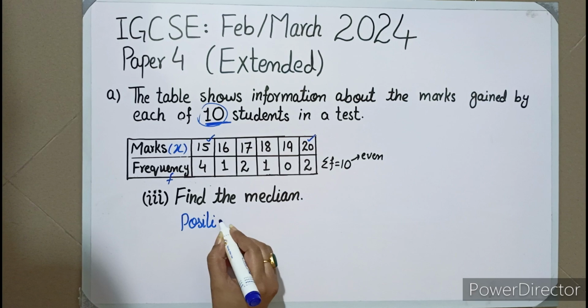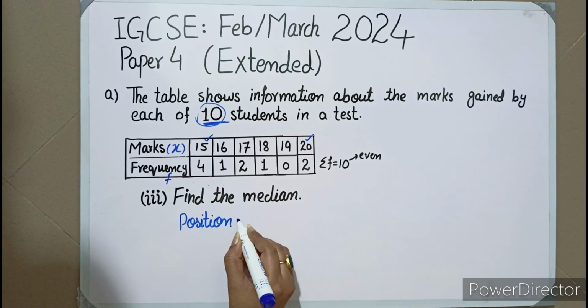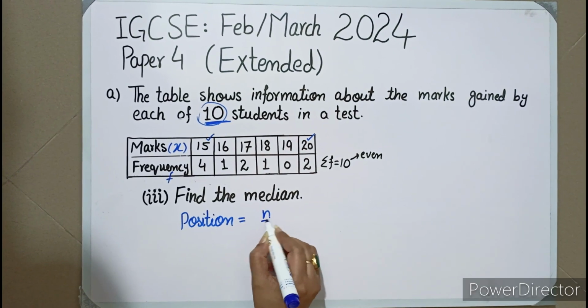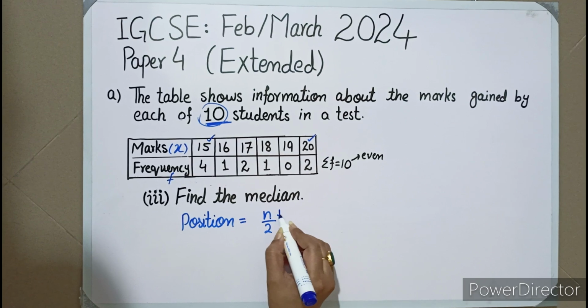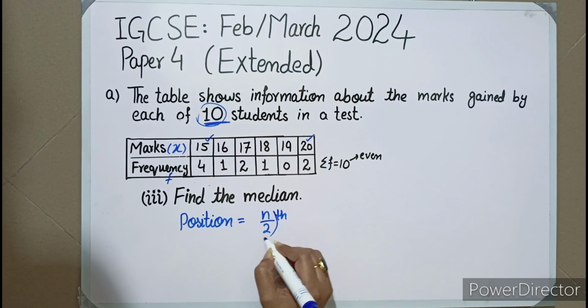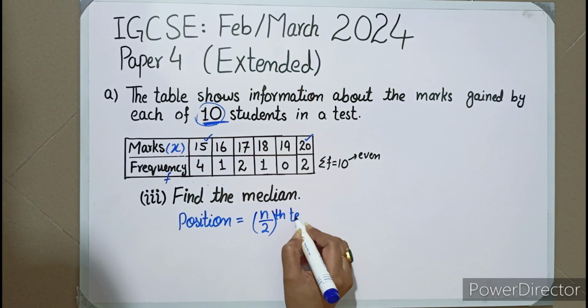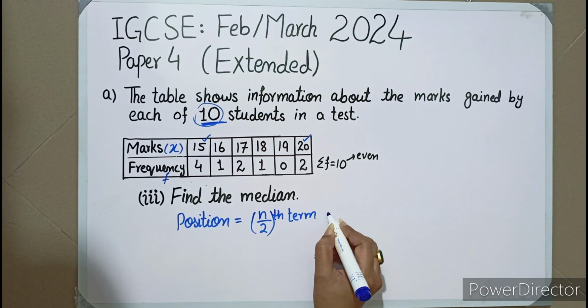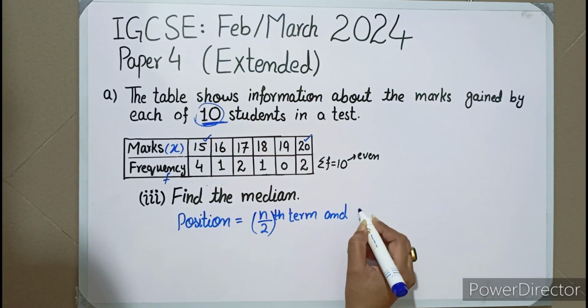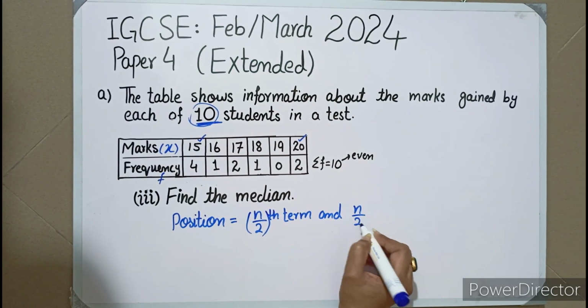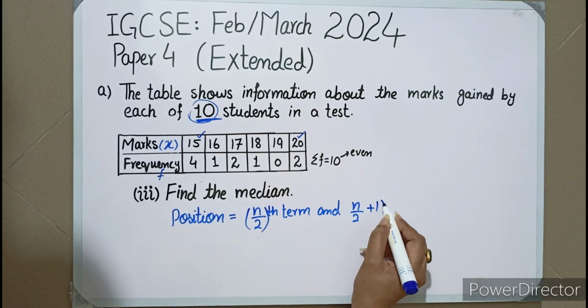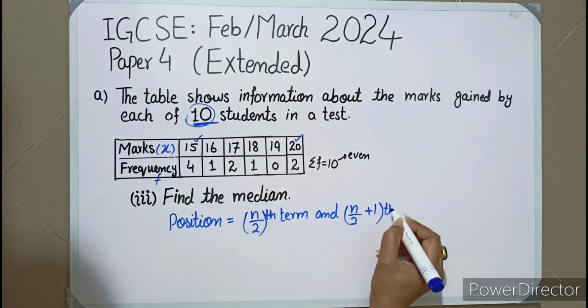Position equals n by 2th term and n by 2 plus 1th term.